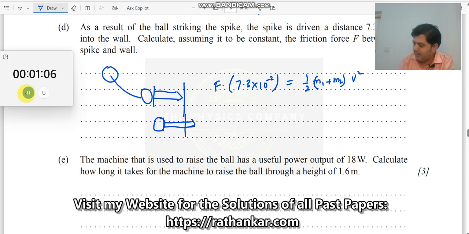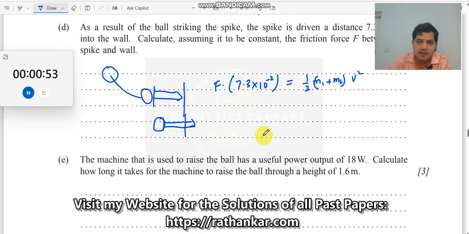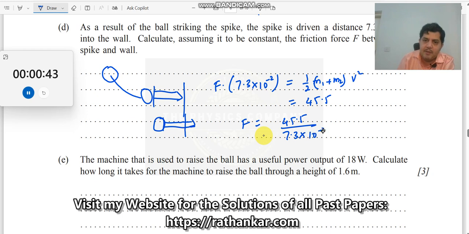We already found out the common velocity square, half (m1 plus m2) v squared, where is it? This is the kinetic energy final, which was half times 4.3 plus 4.6 times the velocity squared, which is 45.5 joules. This was the value, right? 45.5 joules was the value. So your value of F should be 45.5 divided by 7.3 times 10 to the power of minus 2.